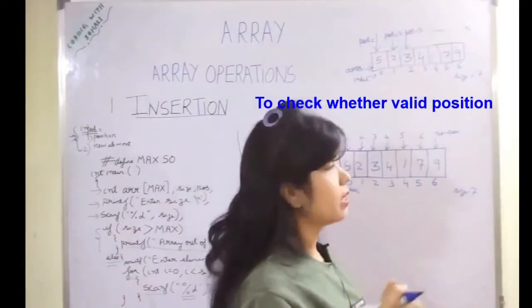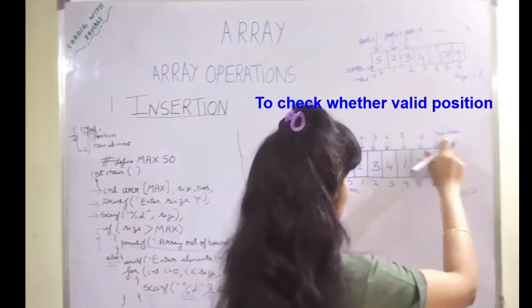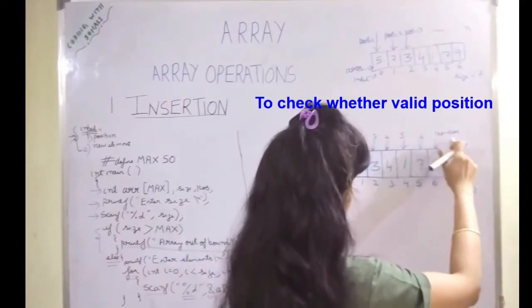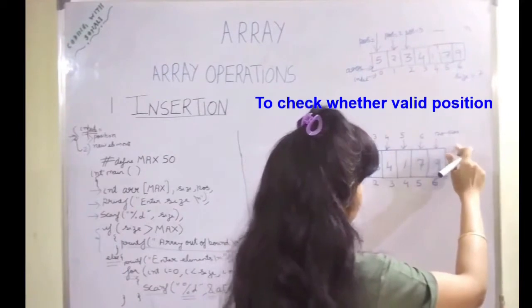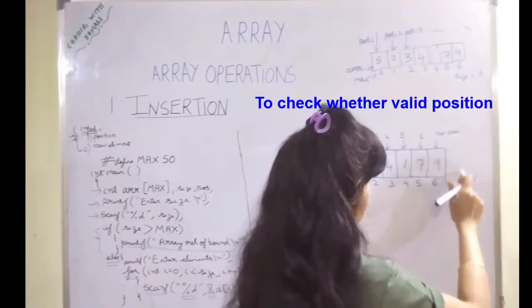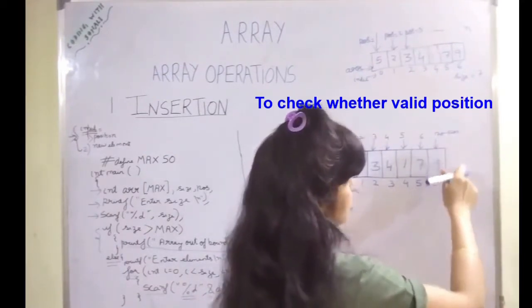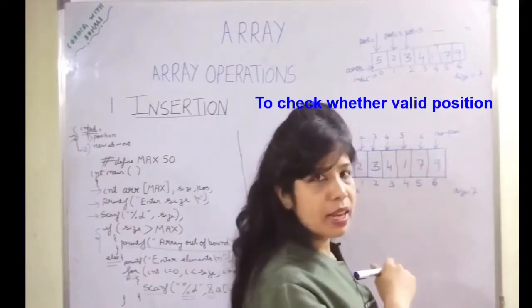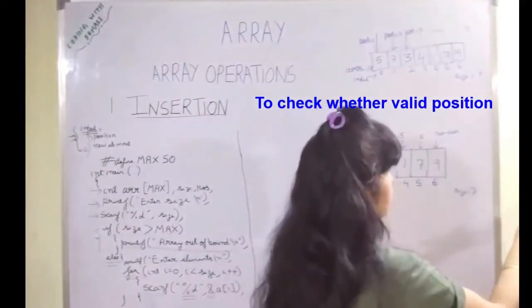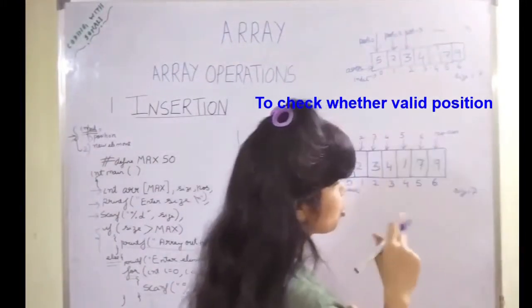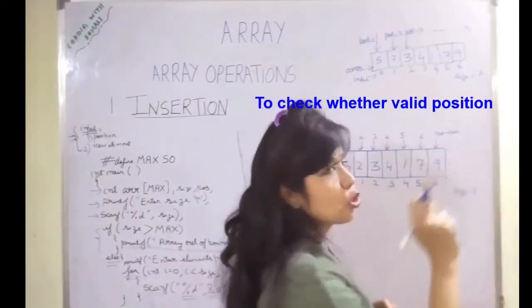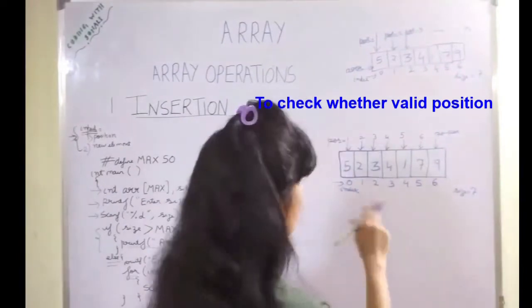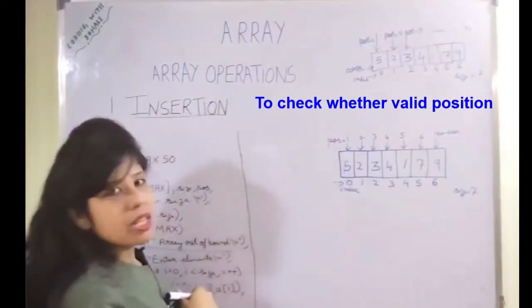Because the position starts from 1 to the size, that is 7, and the user may want to insert the element at position 8. We can insert at the end, but it should not exceed more than that. So the position should not be greater than 7 plus 1, that is 8. You have to check all these scenarios.